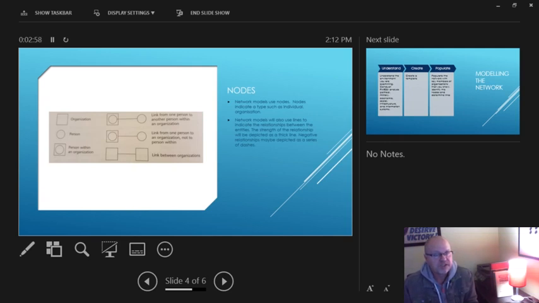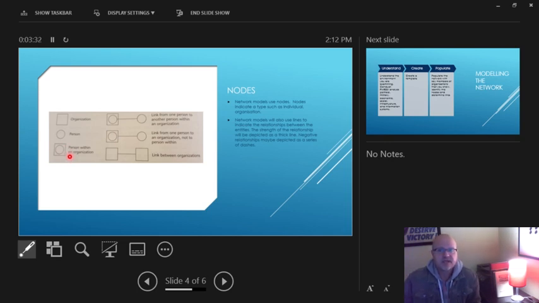A bit of a rough picture, but I want to talk a little bit about nodes. Now, nodes are essentially these shapes here. So we might represent an organization with a square, a person as a circle, and a person within a particular organization might be, as you can see, a circle within a square.